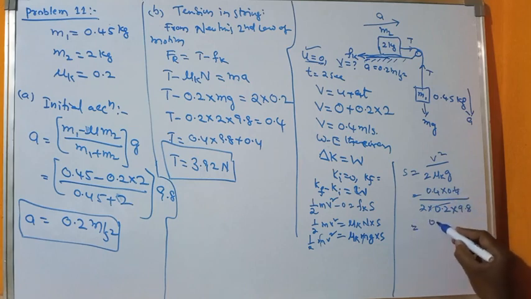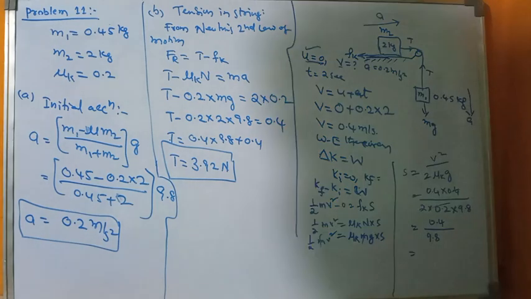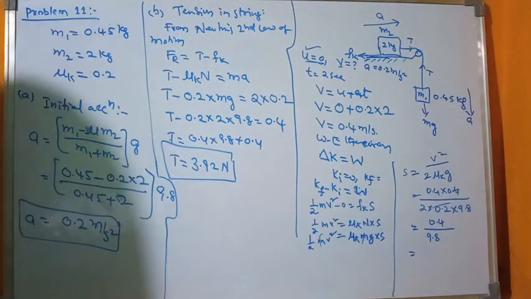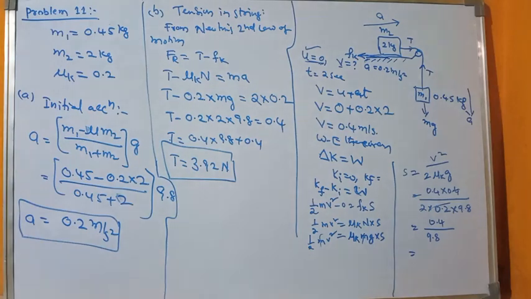It is equal to 0.4 by 9.8, and that is equal to distance S is equal to 0.04 meters. It is our answer.